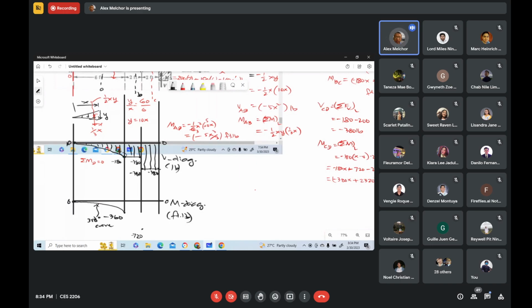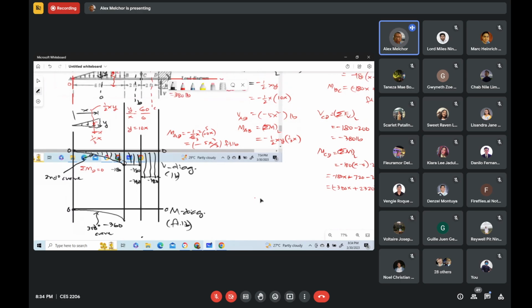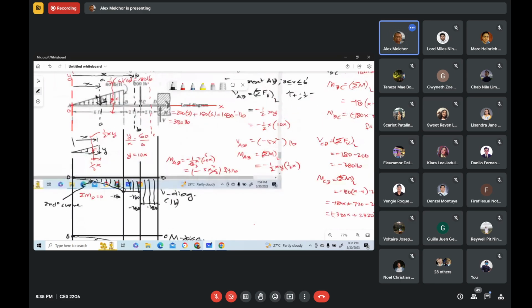Now, in here, you look at the shear equation. We have here x squared. That's why this is second degree curve. This one here is second degree curve. And what about this one? This is first degree curve. Okay. So first degree, second degree, third degree.